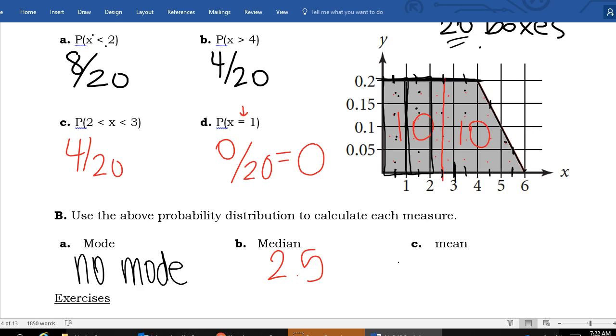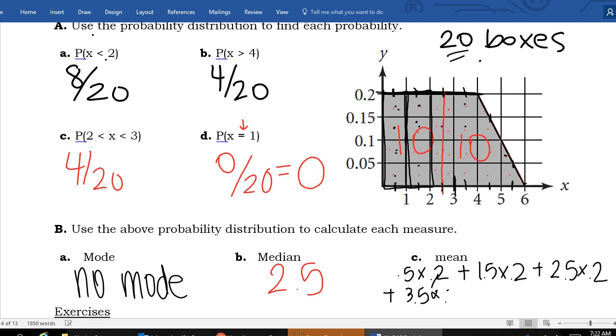So this is going to be 0.5 times 0.2. That's my first column, plus 1.5 times 0.2. That's my second column, plus 2.5 times 0.2. That's my third column, plus 3.5 times 0.2.